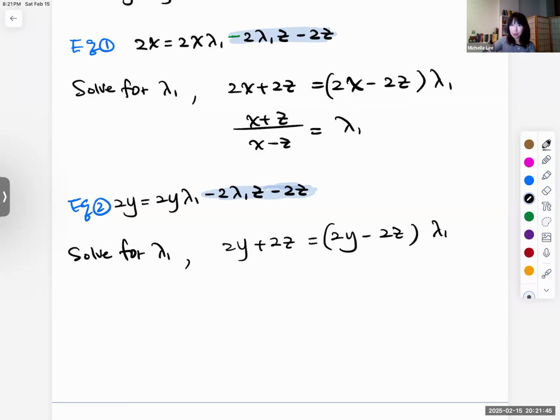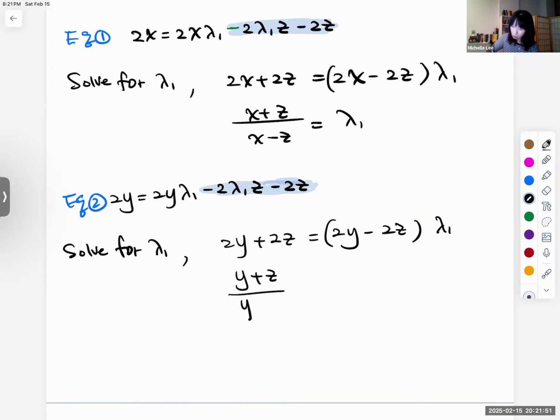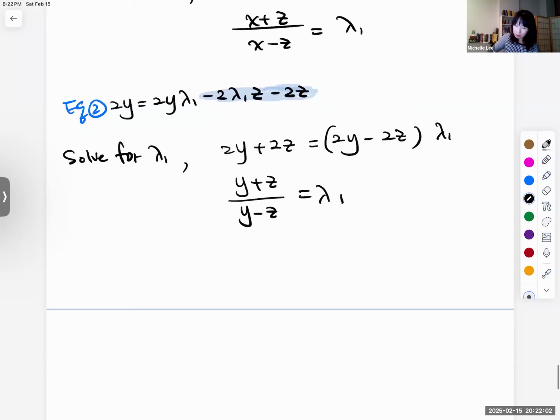So divide by 2, so we have y plus z, and then divide by the other side, y minus z, equal to lambda 1, right? Okay, now we knew that lambda 1 equal to lambda 1, so let lambda 1 equal to the other lambda.